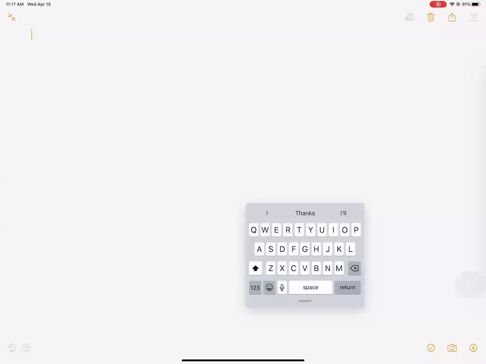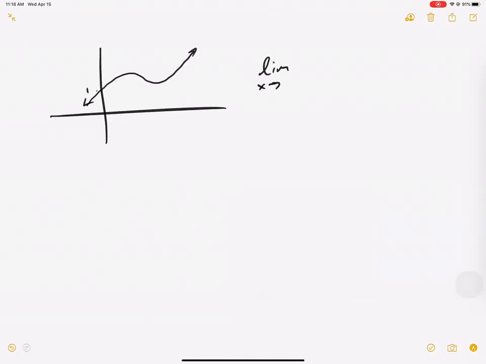So, talking about limit graphs, graphs of limits. When we're talking about a graph of a limit, we're pretty much saying, again, like we said, what does it look like? The limit as x approaches, let's say, 0 here for the graph, what does it look like?